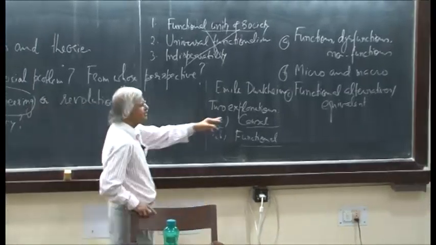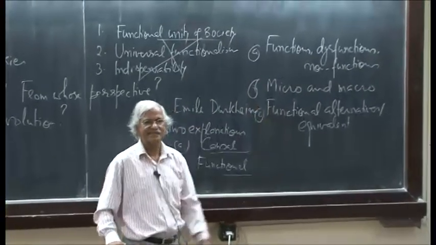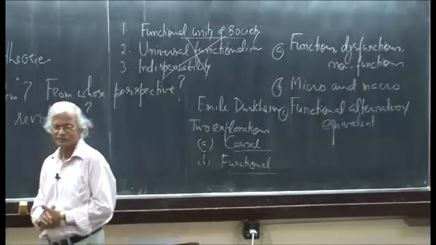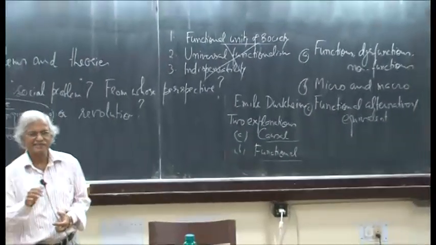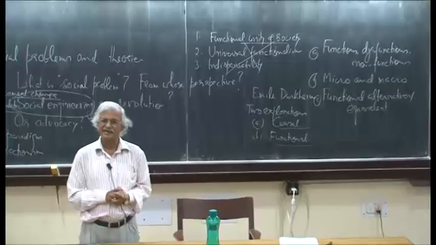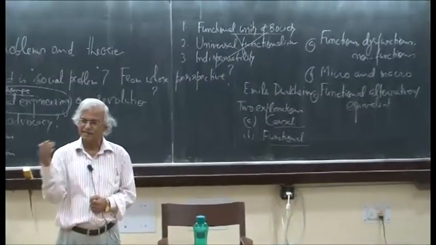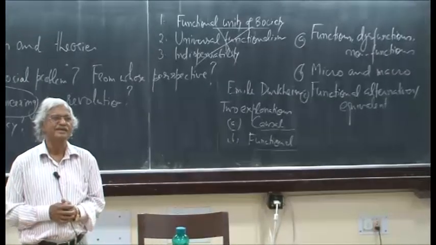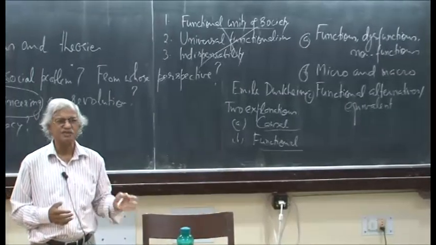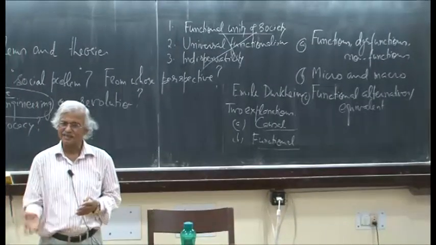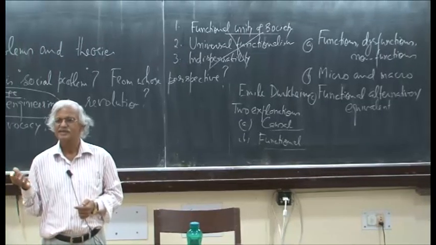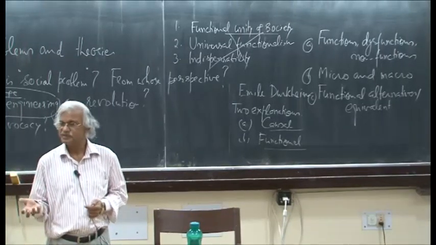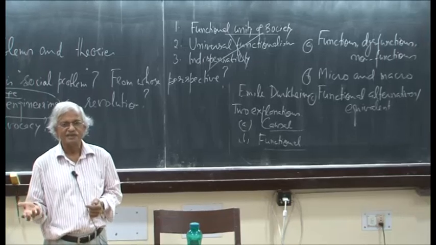This is Merton's contribution. Merton says that when you analyze things, you have to analyze them separately at the level of the larger entity, society, at the level of institutions, regions, cultures, and groups, subgroups.